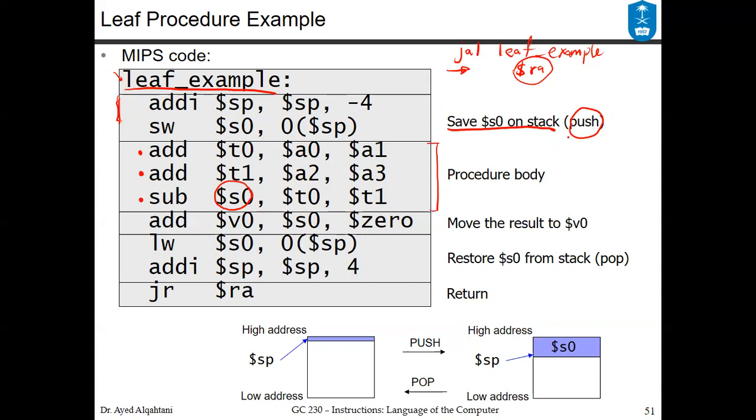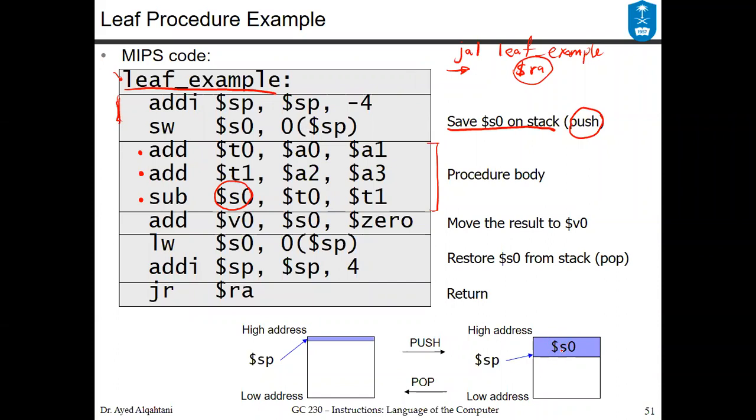To do a push operation, you need to understand that the stack pointer, when the stack is empty, is pointing at the highest address. And every time you want to push, you lower the stack pointer by the size of the thing that you want to save.